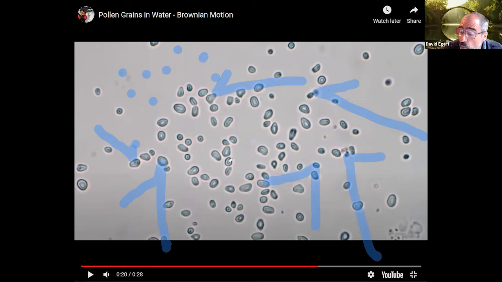But by watching the little pollen grains jiggle, imagine you have somebody standing in the middle of the room and everybody is shooting at them with tiny little BBs. You don't actually see the BBs, but you just see them getting hit one direction, another, forward, back.